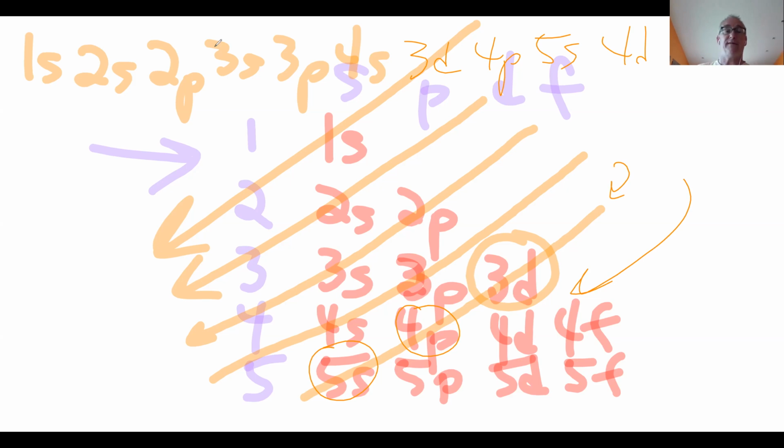So this is one way. Let's focus on getting our electrons in here. So 1s, how many electrons is that? 2. So I've got 2, and then 2s, how many is that? 2. So now I've got 2 more, and then 2p, how many in p?